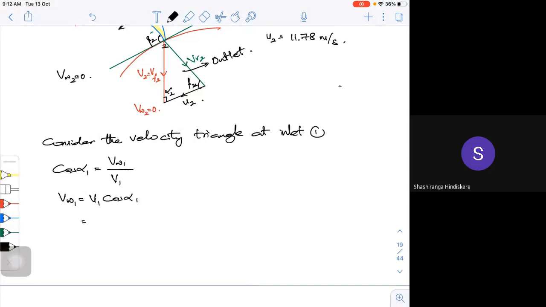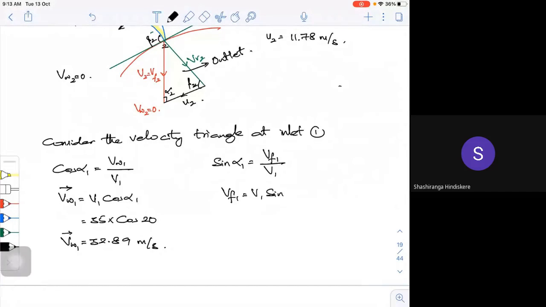So V1 they are given as 35 into cos 20, alpha 1 is 20 degrees. If I try to calculate, my VW1 is 32.89 meters per second. So all are vectors. Now similarly, sin alpha 1 is equal to your opposite by your hypotenuse, then Vf1 is equal to V1 sin alpha 1, that is 35 into sin 20.